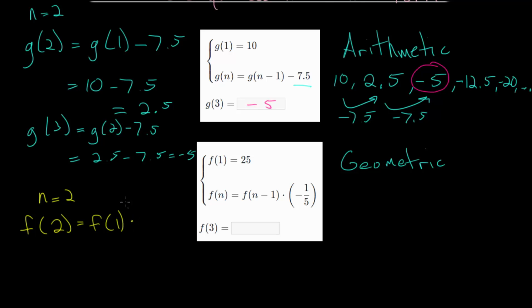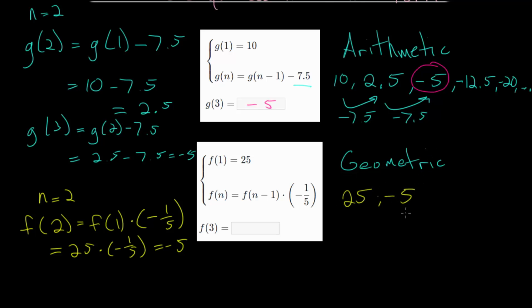With geometric sequences, we have what's called the common ratio, the number we multiply by to go from one term to the next. So we're multiplying our first term by minus 1/5, so that's 25 multiplied by minus 1/5. And that would be negative 5. So the sequence starts at 25, then goes to minus 5.